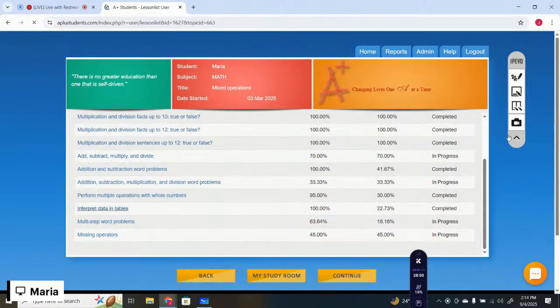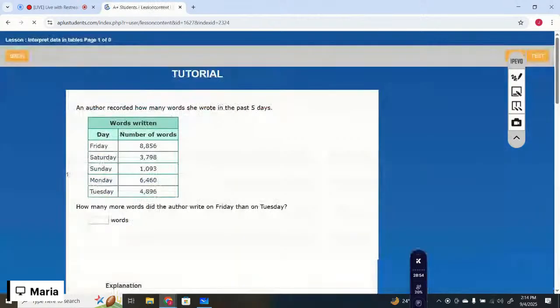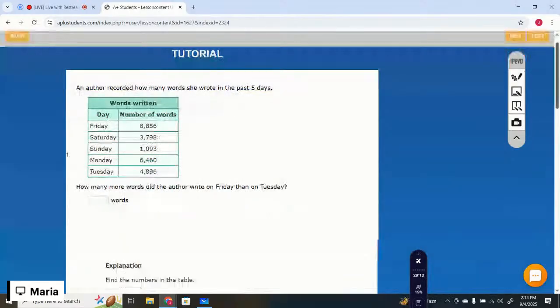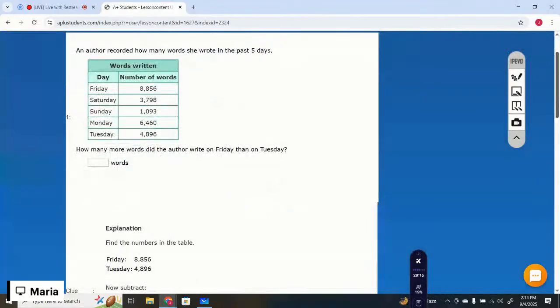The next lesson is interpret data in tables. An author recorded how many words she wrote in the past 5 days.